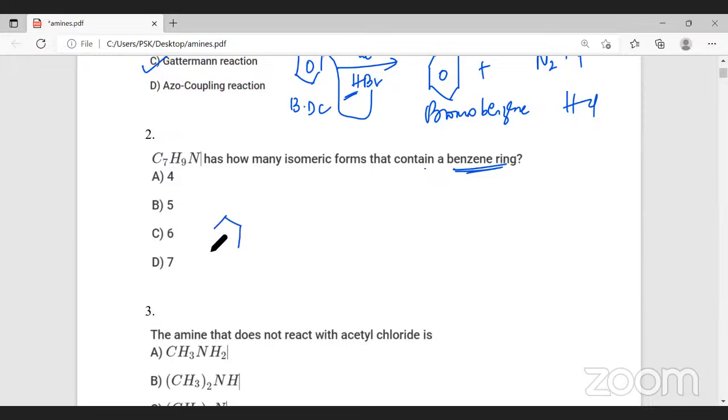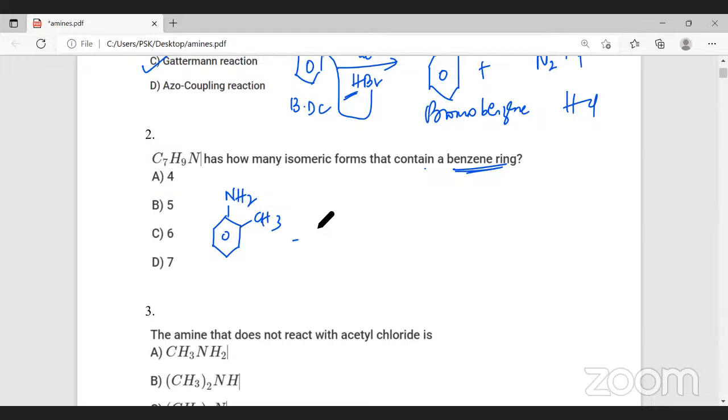So if we write like this, C6H4, you have NH2 and CH3. 6 carbon atoms plus 1, 7 carbon, C7. 5 hydrogen... 6, 7, 8, and 9, H9. And we have 1 nitrogen. So this is the first structure.